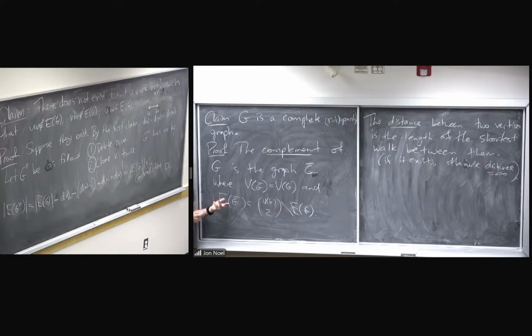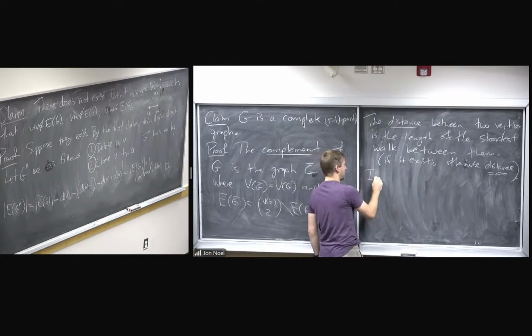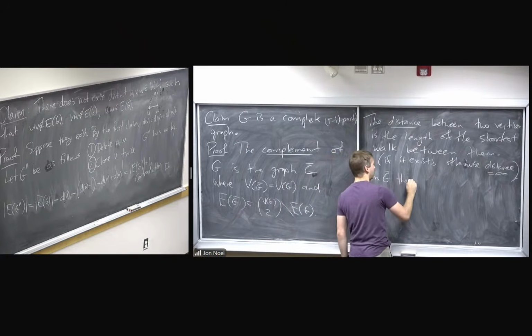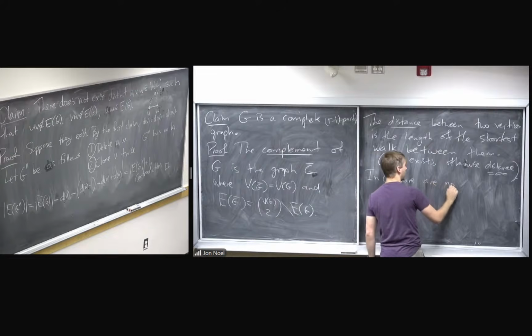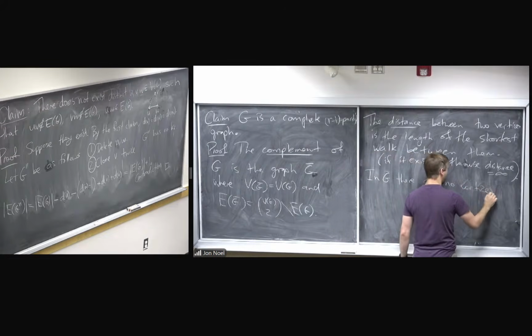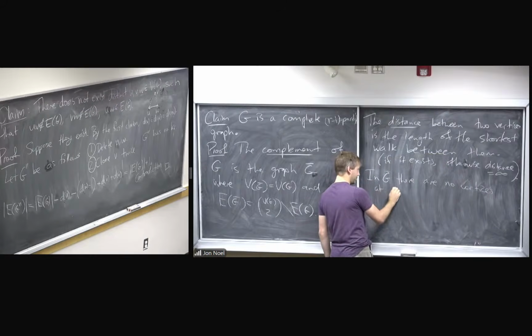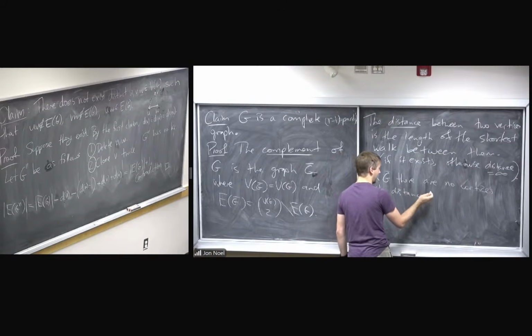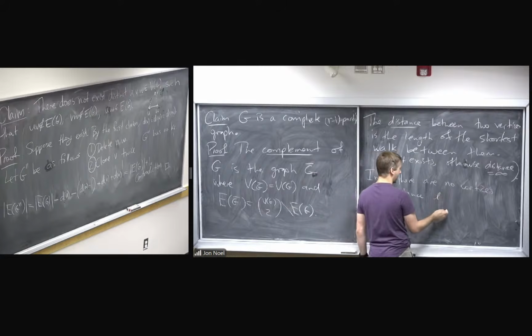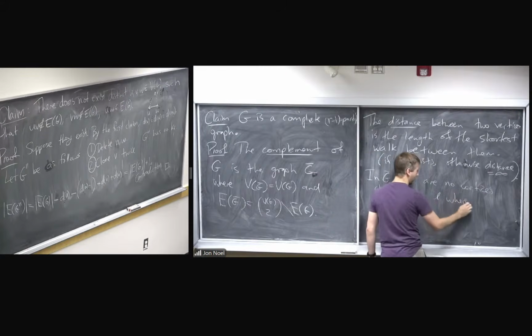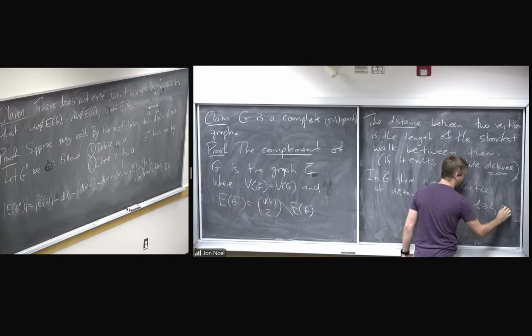So I claim that in the complement of G, there are no vertices that are at distance greater than 1, but not infinity. So in G complement, there are no pairs of vertices at distance L, where L is at least 2 and L is not infinity.